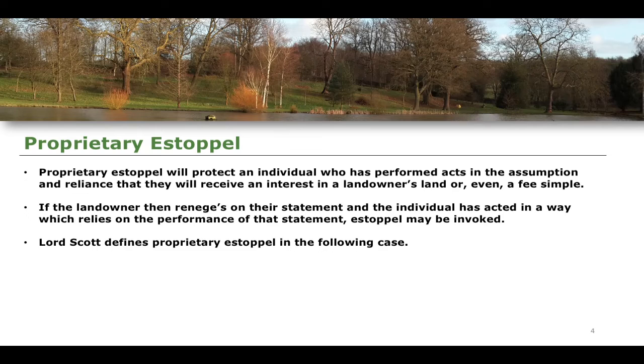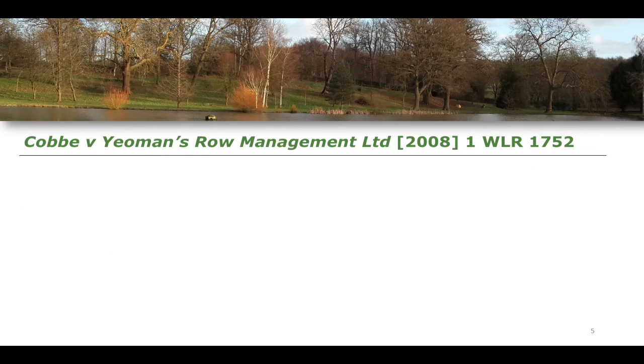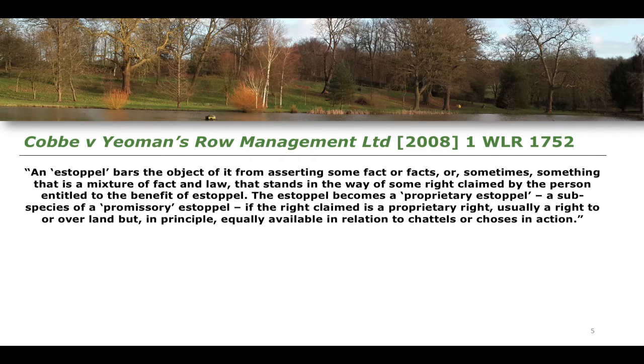Lord Scott defines proprietary estoppel in the case of Cobbe v Yeoman's Row Management Limited from 2008. He says, quote, an estoppel bars the object of it from asserting some fact or facts, or sometimes something that is a mixture of fact and law, that stands in the way of some right claimed by the person entitled to the benefit of the estoppel.